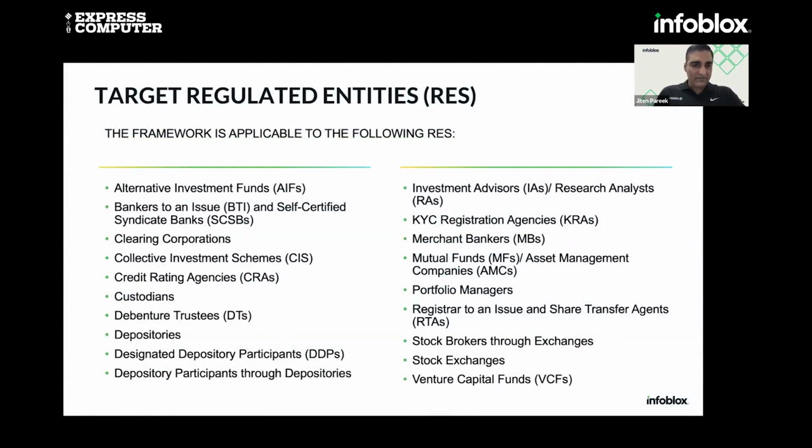With this cybersecurity framework, the entities it is applicable to can also serve as a benchmark for other organizations who adopt and create the framework in line with the compliances of the industry they are growing in.